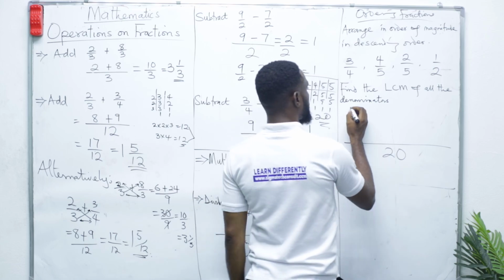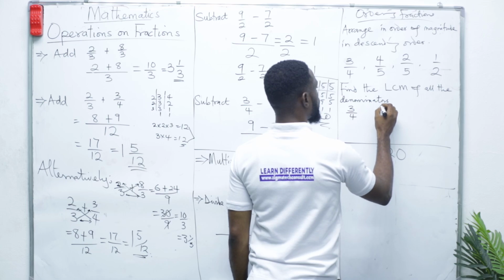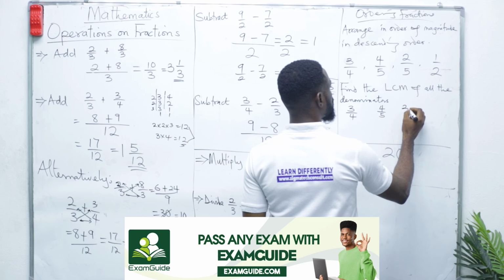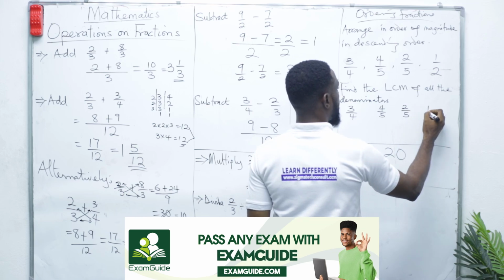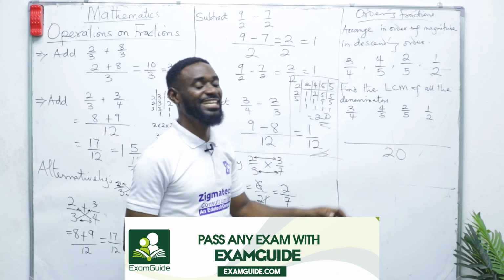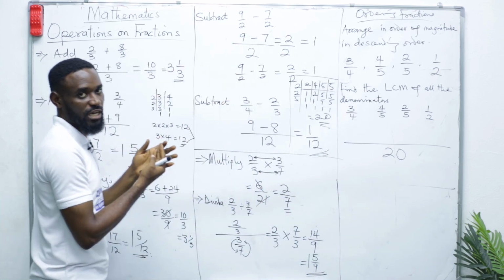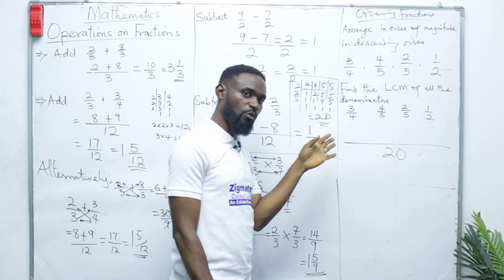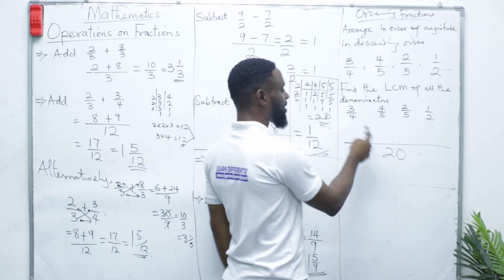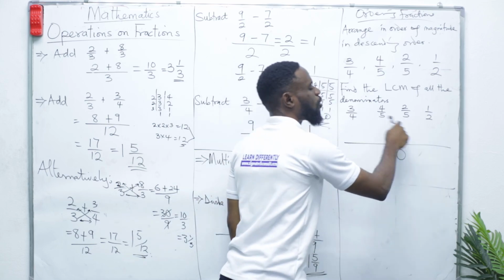Now let's have them: 3/4, 4/5, 2/5, 1/2. All right? It's the same thing we do in subtraction and division and addition, it's just that we're not adding anything here. How? You divide this 20 by each of the denominators of the fractions.